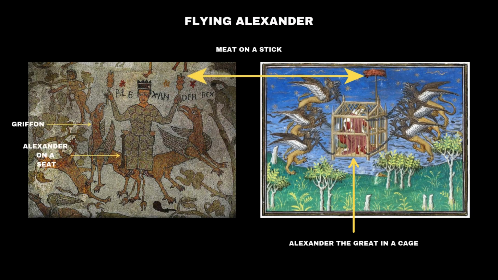One such medieval legend is called Flying Alexander, in which he wishes to see the whole world, first descending into the depths of the ocean, then wanting to see the view from above. To do this, he harnessed large birds or griffins, and in some versions he is sitting on a seat or in a cage between the griffins.